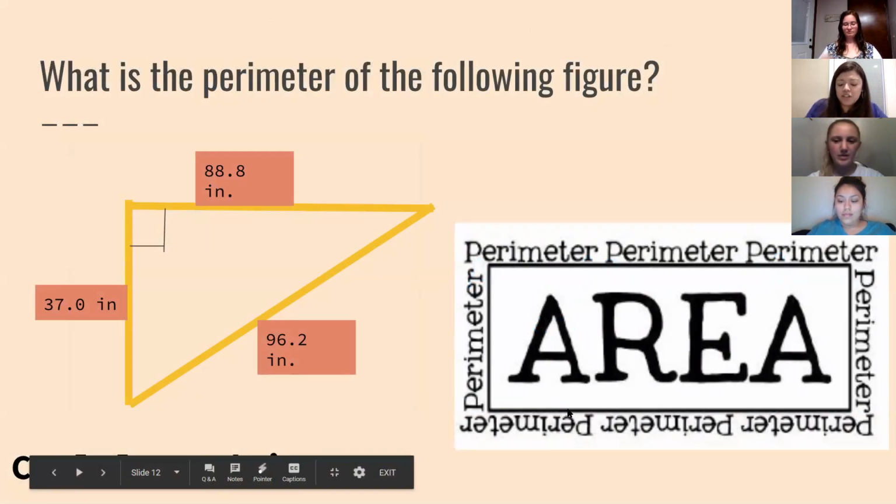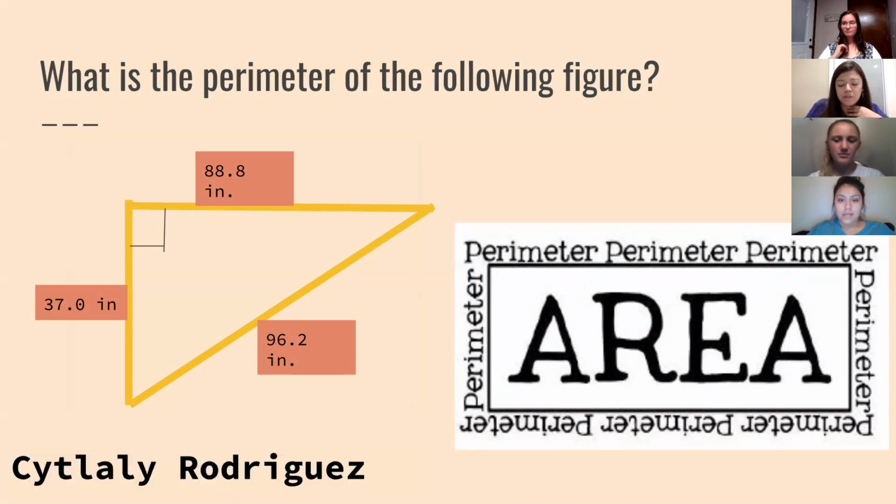Cece, I'm curious for you to explain to me, how do I find the perimeter of this triangle? Great question, Jasmine. As you can see on your right, you see a picture that has perimeter that is shown in area. Let's take a look at an example. Let's say we're taking a walk around a fence. To find the perimeter, we walk around the fence, and to find the area, us walking inside is what takes up the space.